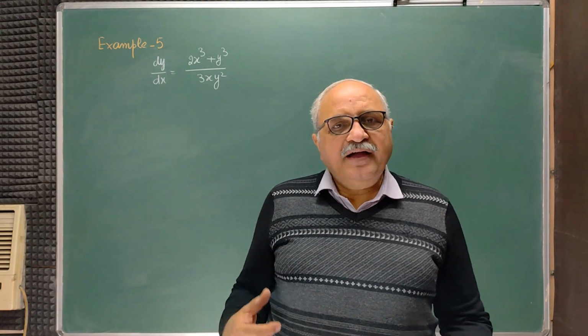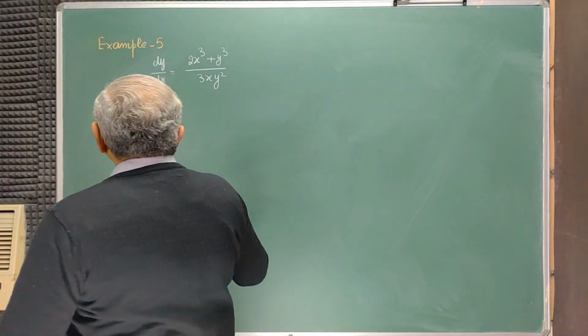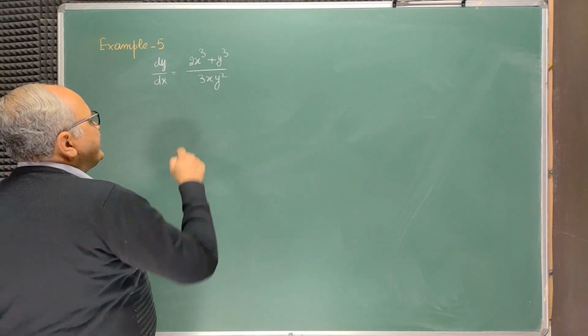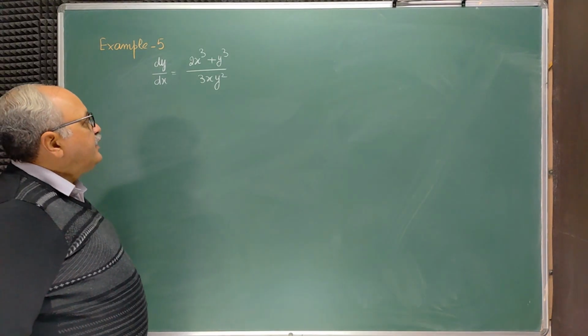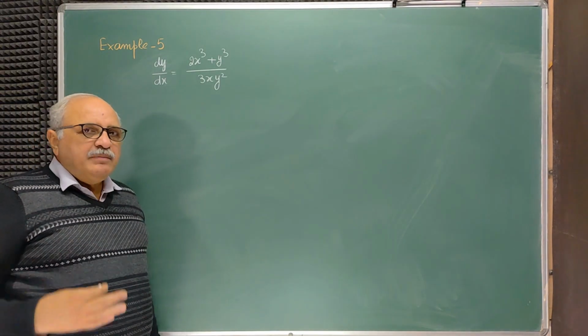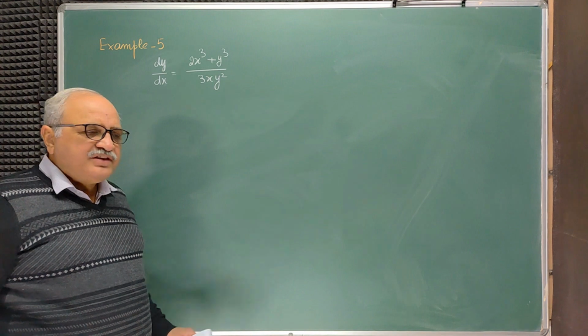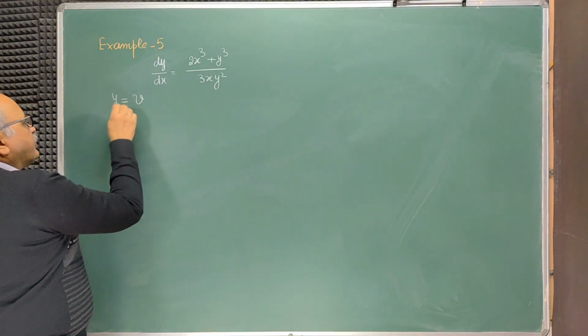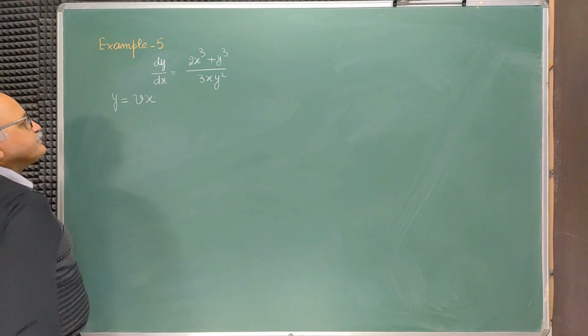In this again a differential equation is given to us, dy by dx equals 2x cube plus y cube divided by 3x y square. We cannot separate out the variables directly, so we have to go for the substitution. Let's take this substitution, y equals vx.